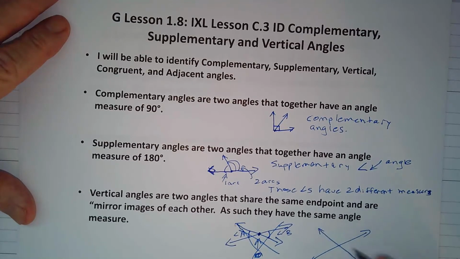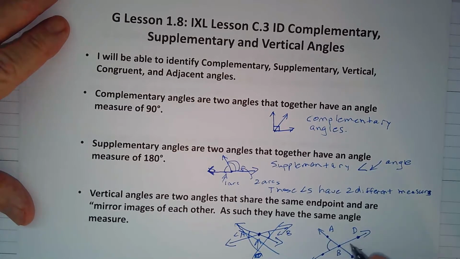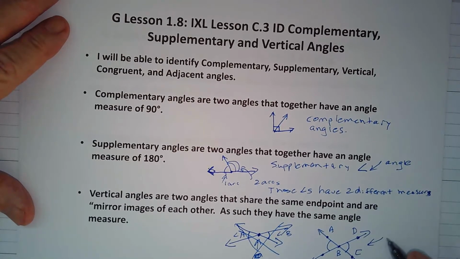I don't want to confuse you. So let's say that there's a point here that's A. This point is B. This point is C. And there's a point here that's D. And this is B again, and this is E. Okay. So these two angles are vertical angles.